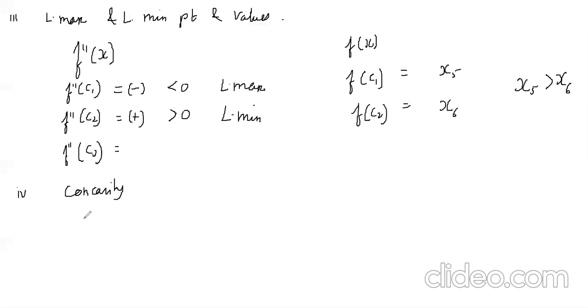For concavity, what we have to do is equate this f double dash of x to 0 and find the value of x. If this equation is x to the power of 2, that is x square, how many points will we get? We will get 2 points.